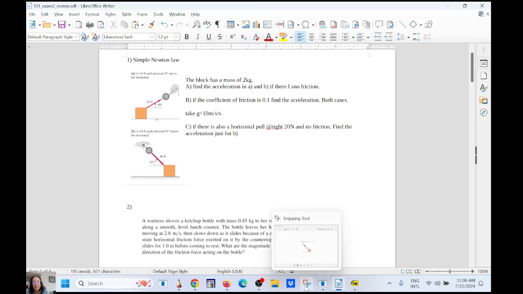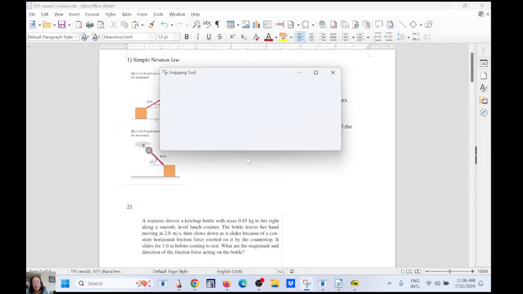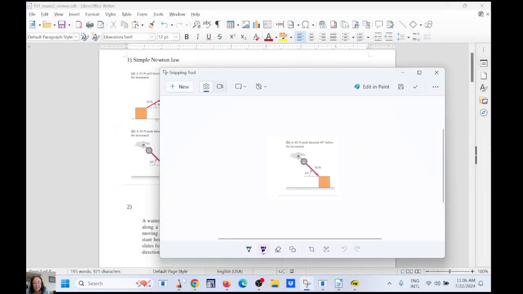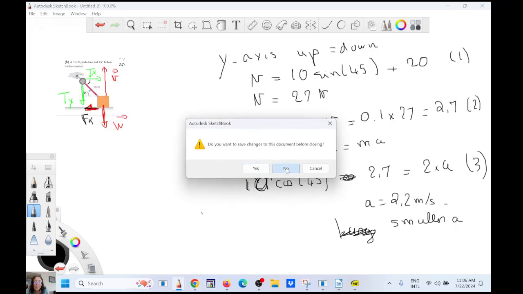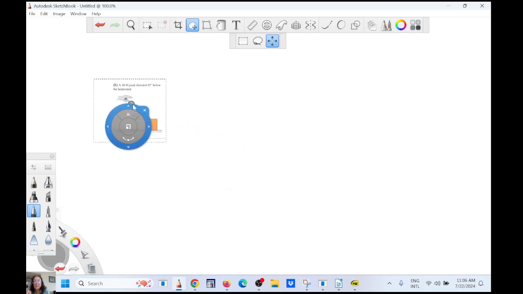What's going to happen if now you are also pulling in this direction? So there was a force here, 20 Newton.